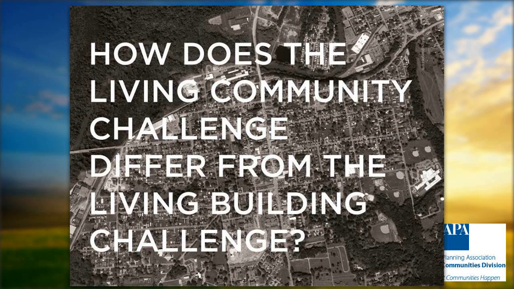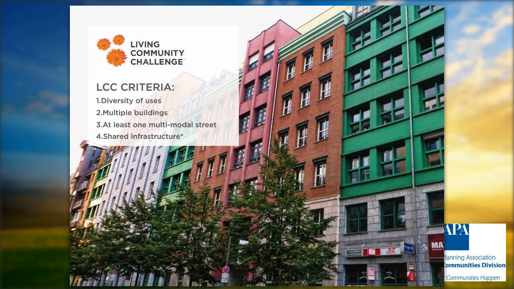We're often asked, how does the Living Community Challenge, since it was launched in 2014, differ from the Living Building Challenge? The Living Community Challenge was developed from the Living Building Challenge. scale projects, buildings, infrastructure, the public realm. The structure of the two standards is quite similar, but the methods for achieving certification will be different. The basic Living Community Challenge criteria include a diversity of uses.